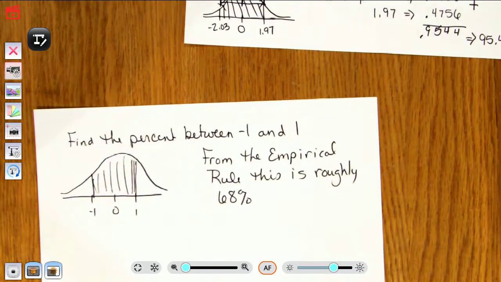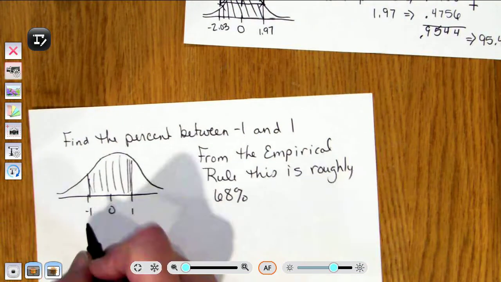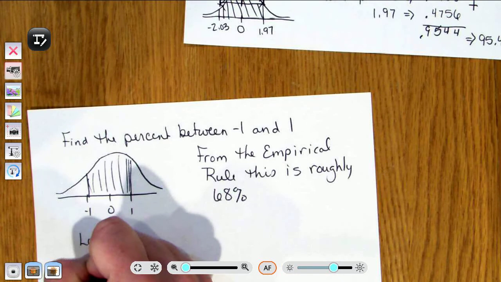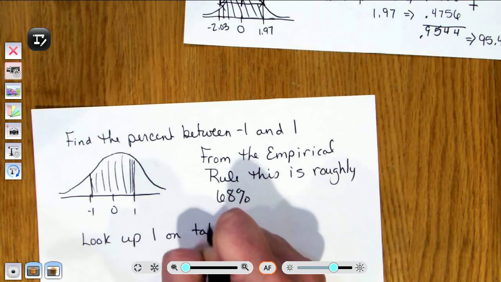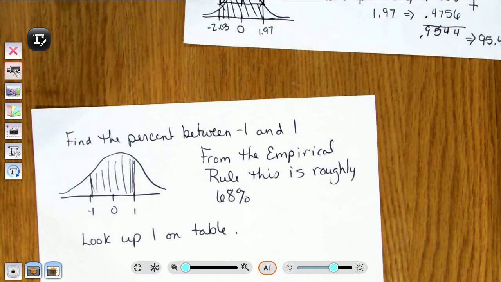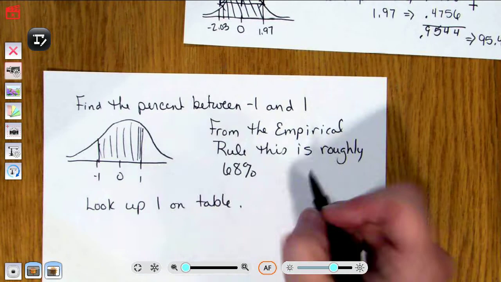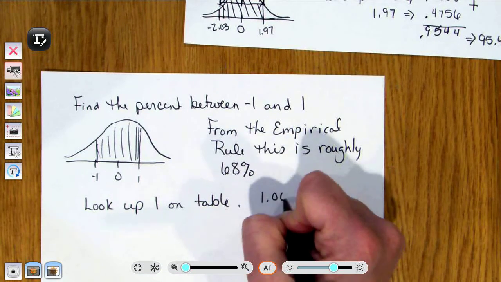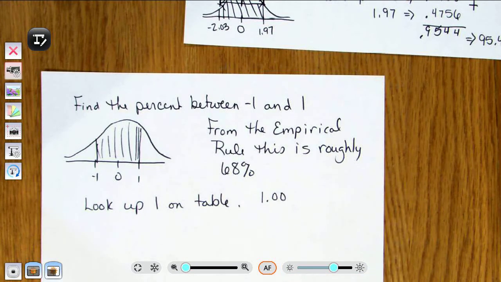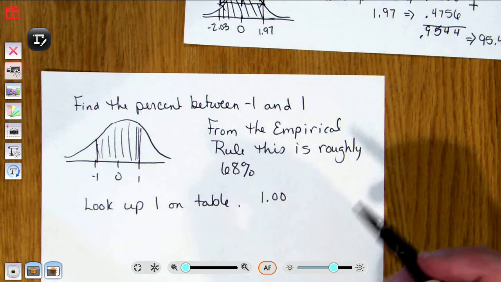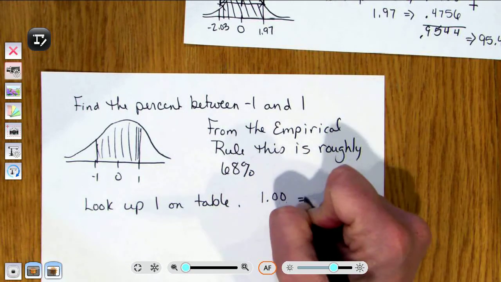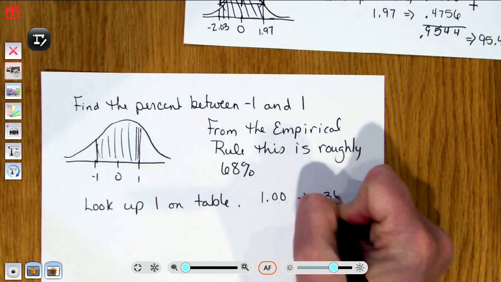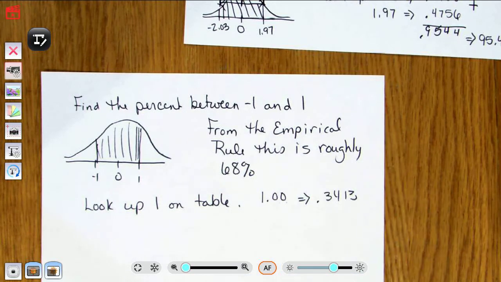Okay, so what I'm going to do is I'm going to check our tables. So I'm going to look up 1 on the table. Okay, the first thing I need to realize is that the number 1 is 1.00. So finding my 1.00, so that's 1.0, and then it's the first column, which is 0.3413.